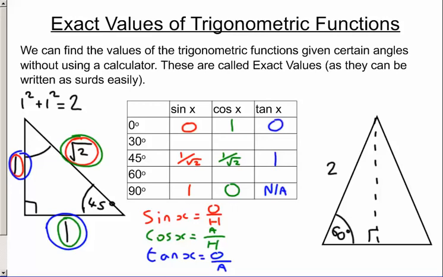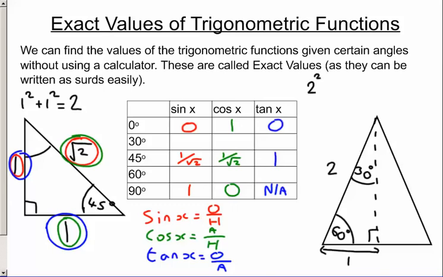So now we have a right angle triangle with 60 degrees at the bottom. That means this top angle here is 30 degrees because of the angles in the triangle. The length at the bottom here is 1. And again, we can use Pythagoras' theorem.